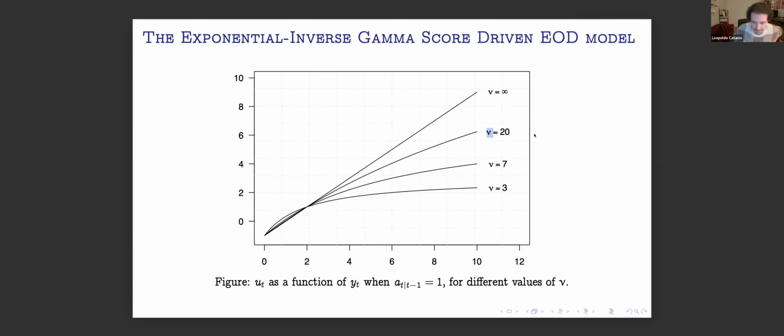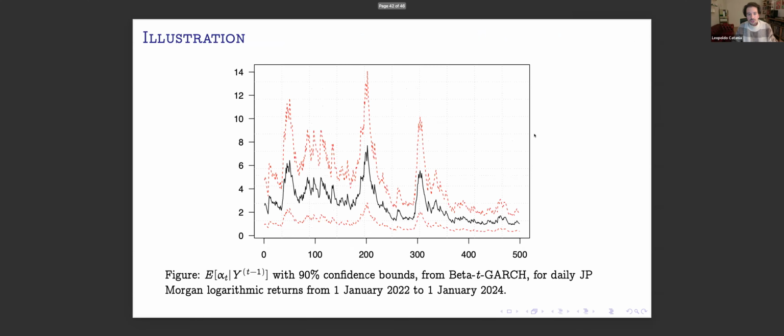Okay, I think I'm close to the conclusion, because now this is my illustration, which is made of two figures. The idea is that you estimate a beta-t-GARCH model because it's robust to extreme observations, and what you are left with is this black line. This is the predicted volatility from the beta-t-GARCH model.